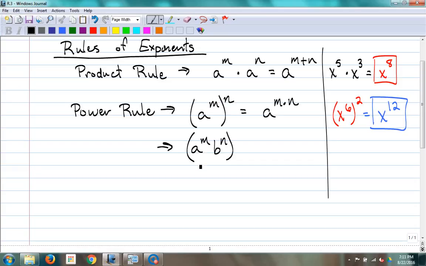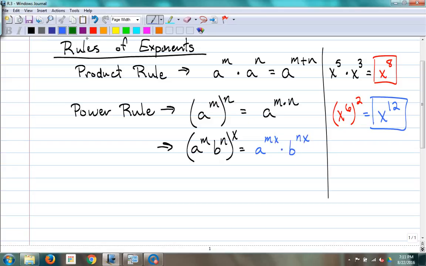But then we have an exponent outside here, and let's call that the x exponent. The rule is that those things would all get the exponent multiplied to their exponents. It's like distributive property. Remember what distributive property means? Multiply to everything. So x times m, x times n. So that would be a to the mx times b to the nx.